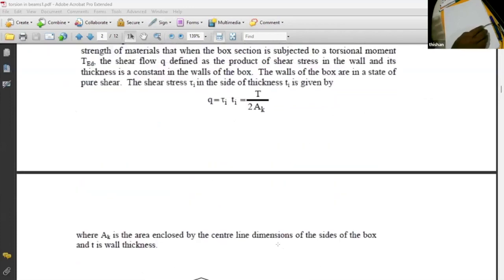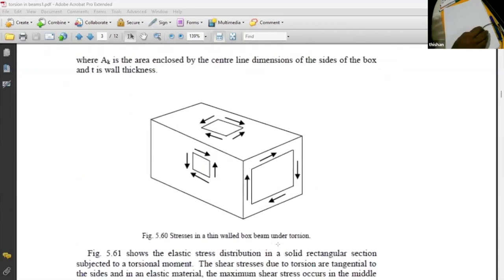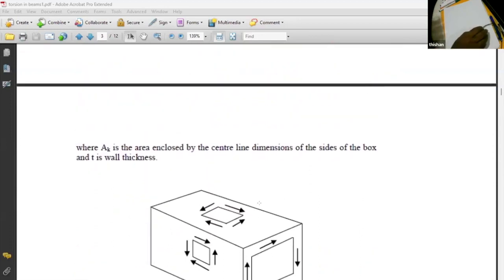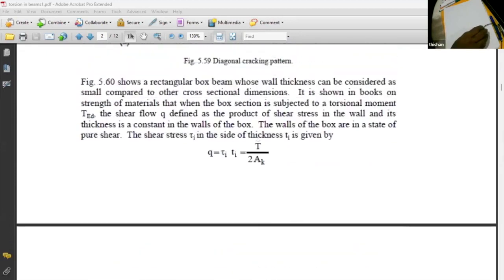So we have an equation where A_k is the area surrounded by the center line. First we look at how to prove this equation, because it is used a lot when you are finding the reinforcement. That is q is equal to T divided by 2A_k.